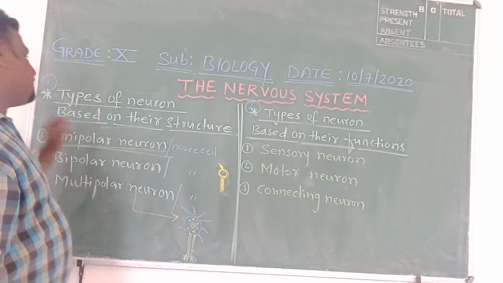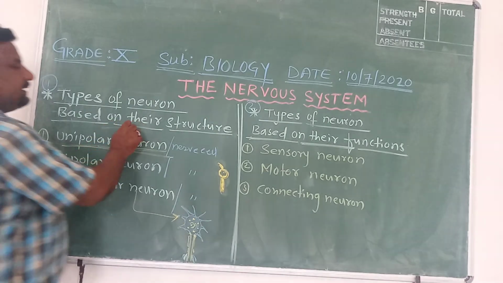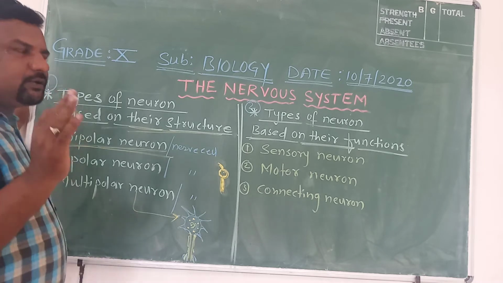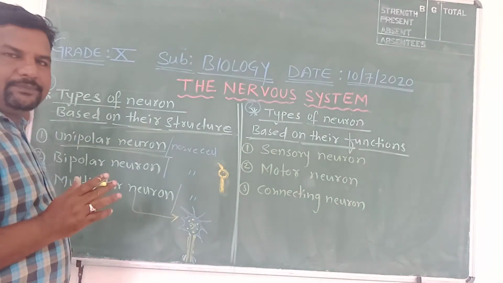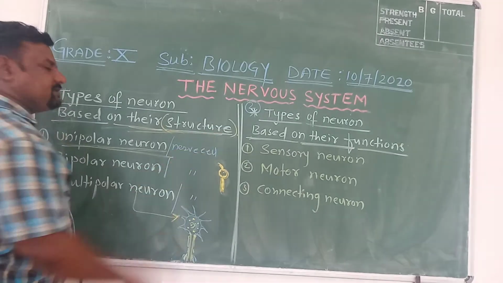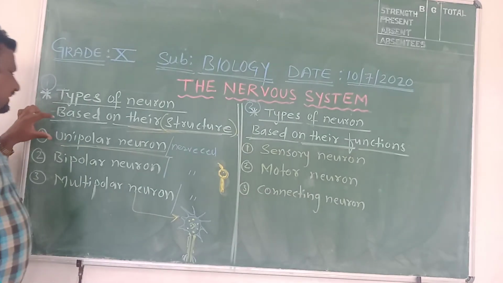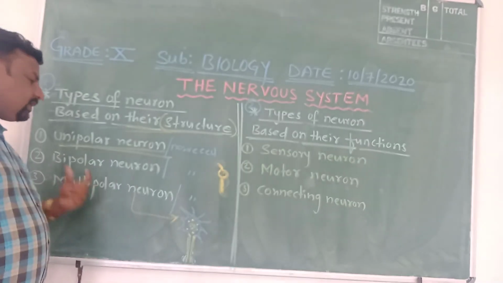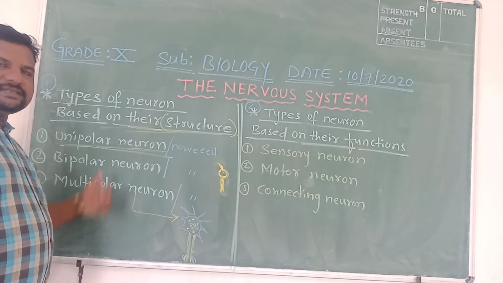So these are the types of nerve cells based on their structure. It doesn't mean that all neurons look alike. Based on their structural arrangement, they are classified into three categories: unipolar, bipolar and multipolar neuron. What is the difference here?